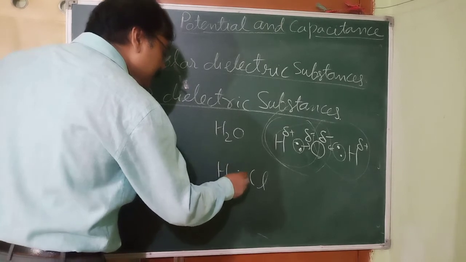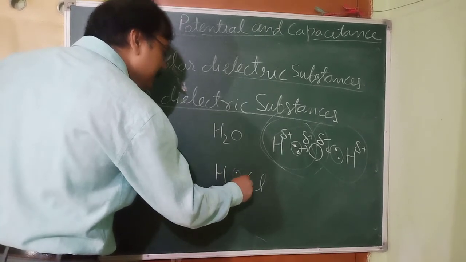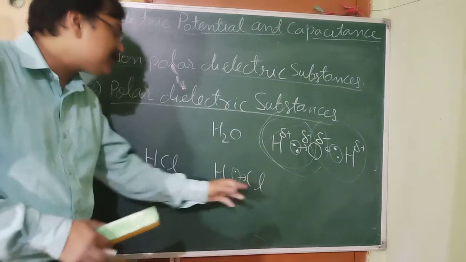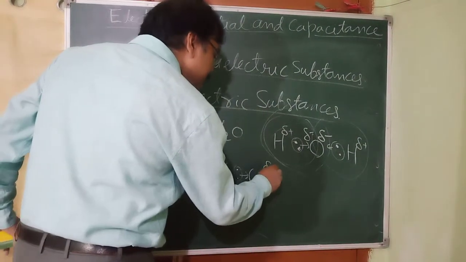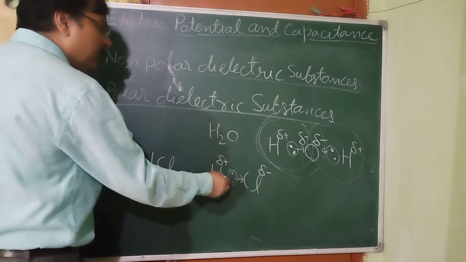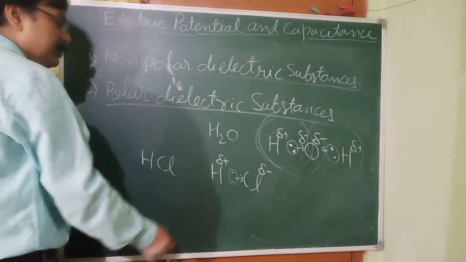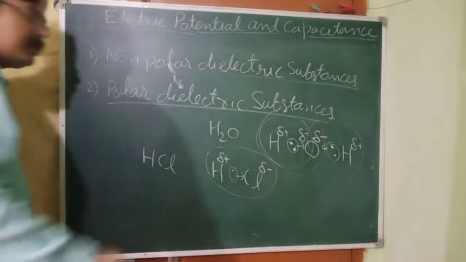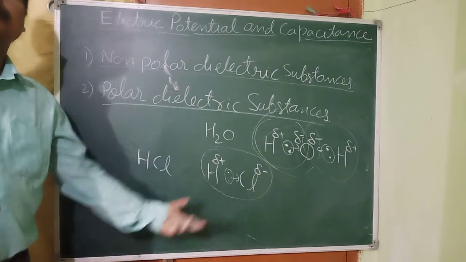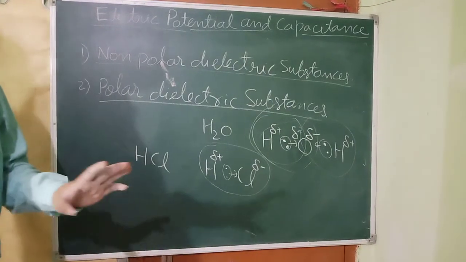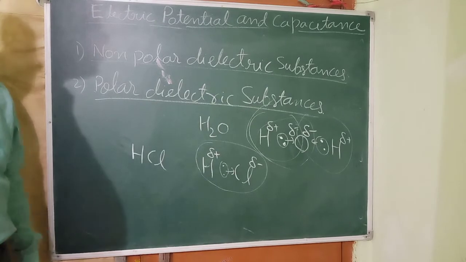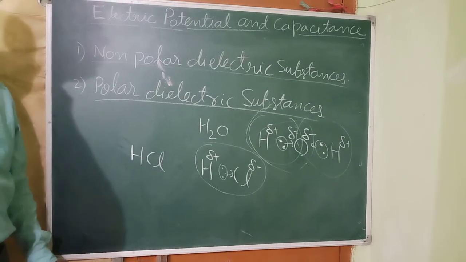The shared pair of electrons is dragged by Cl because it is more electronegative. As the electron is dragged towards it, it gets a partial negative charge, and this gets a partial positive charge because the electron pair is moving away from it. Now what are they forming? They are forming an electric dipole. And when they form an electric dipole, then obviously they will have an electric dipole moment. Clear? So these are the polar dielectric substances. Understood?